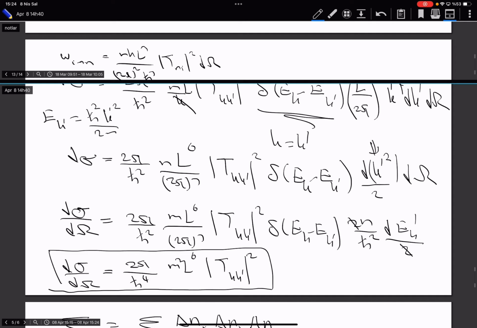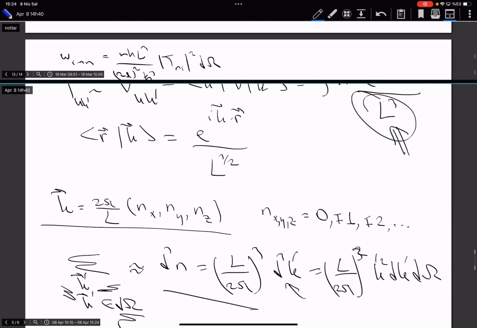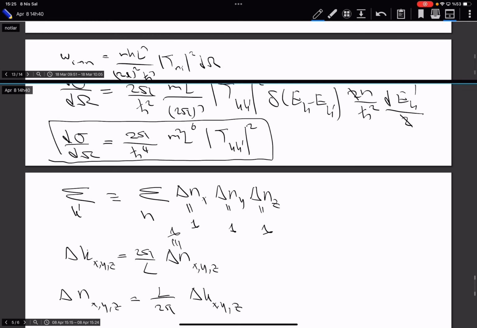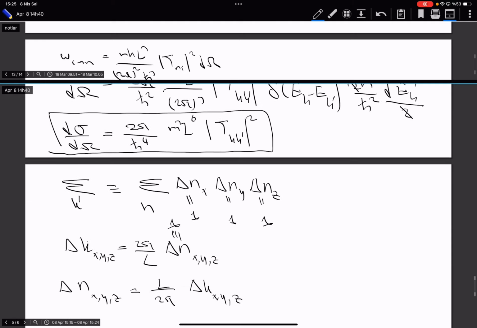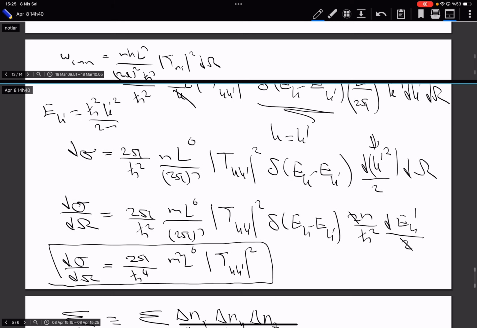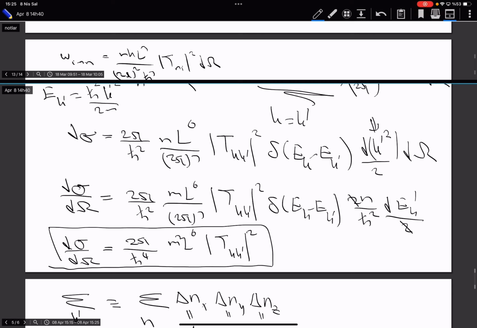You see the T matrix element, T, k, k prime, here I have a V, we are just seeing that it scales as 1 over L cubed. And the cross section is L to the 6 times T squared.